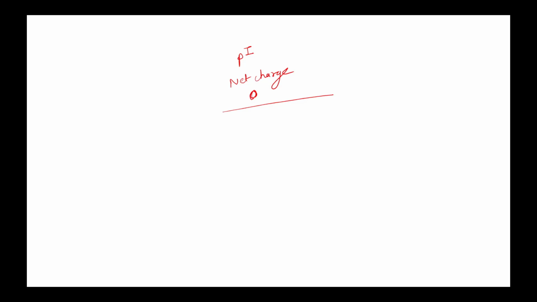The isoelectric point is the pH at which the net charge of the protein is 0. So pH 6 is the pI of this protein.